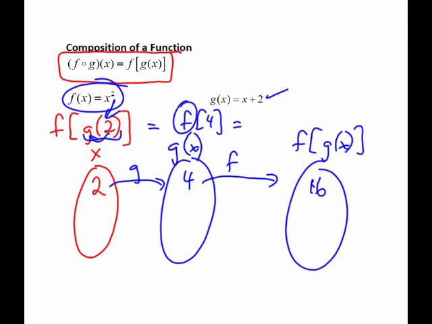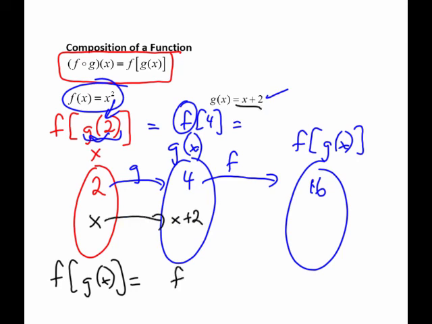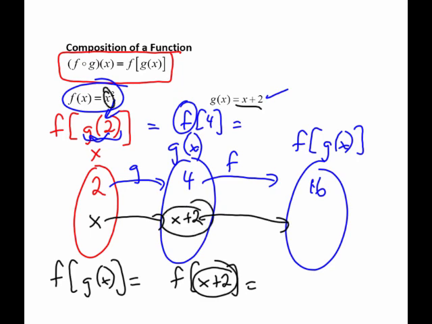If I do this in general, if I take x, so I'm now doing f of g of x. If I put x into g of x, I know that I get x plus 2. And if I then put x plus 2 into f, put this into here, I get (x plus 2) squared.